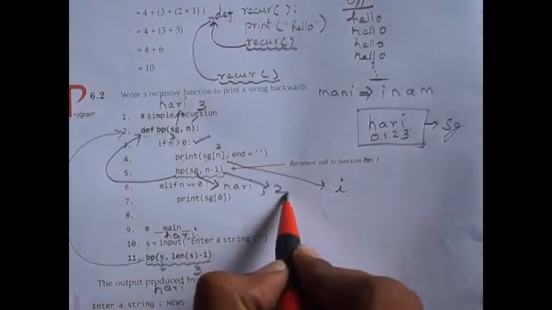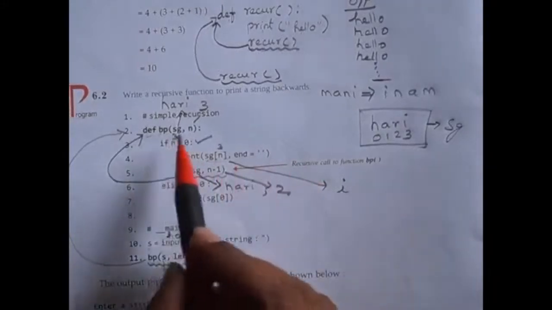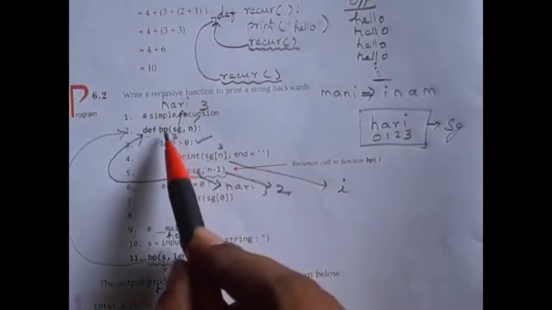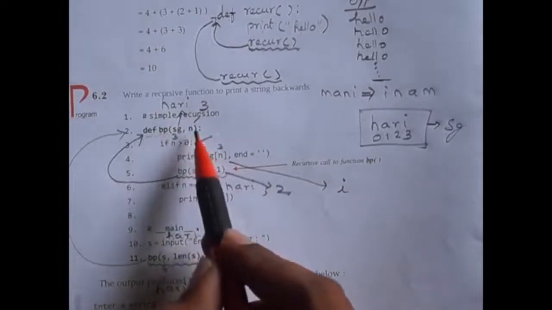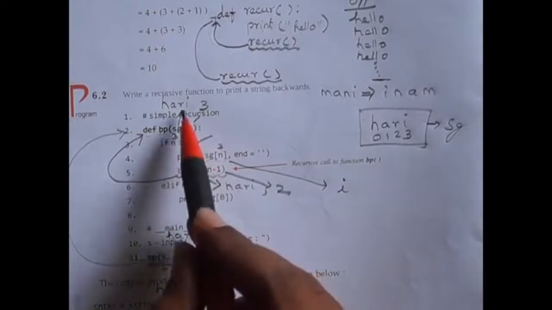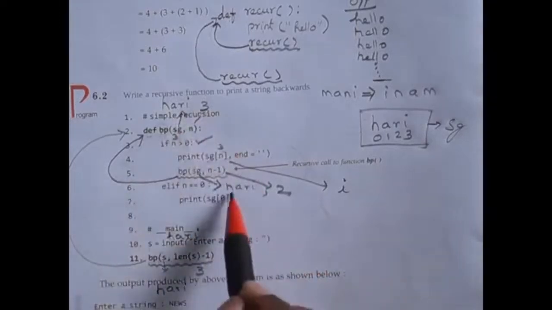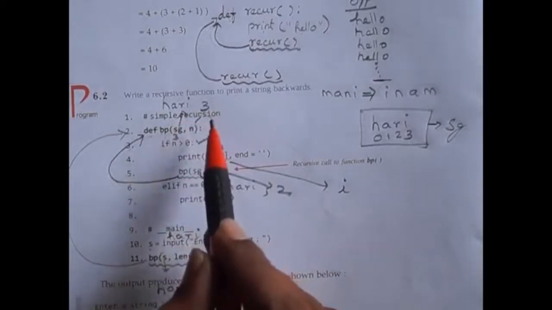Each time the recursive function argument value will differ. First time it is Hari comma 3, next time Hari comma 2, and next time Hari comma 1.